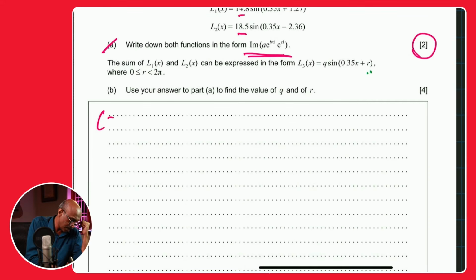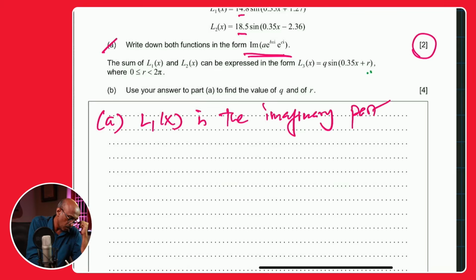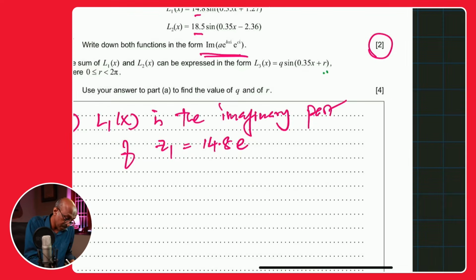So we'll write down the answer like this. L1(x) is the imaginary part of a complex number Z1, which is basically 14.8 e to the power of i theta. Don't forget that i, that's important.